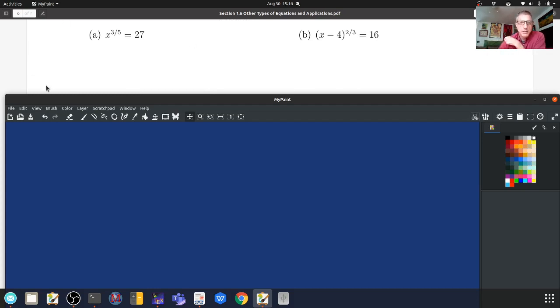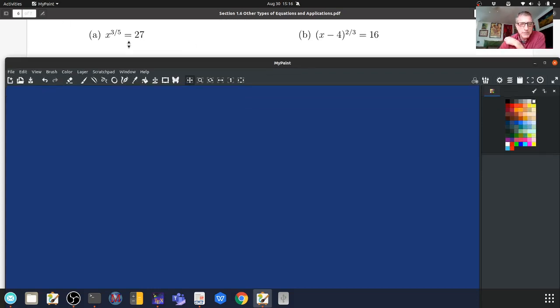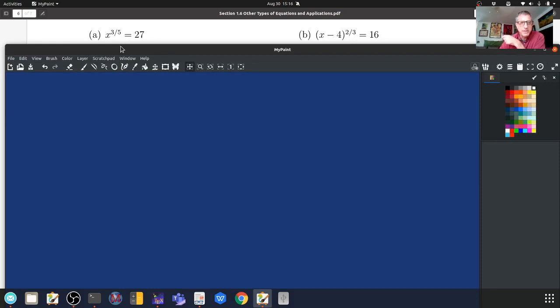Here, we're going to do this one way. So I have x raised to the 3/5 power is equal to 27. Now 27 is equal to 3 to the 3rd power.